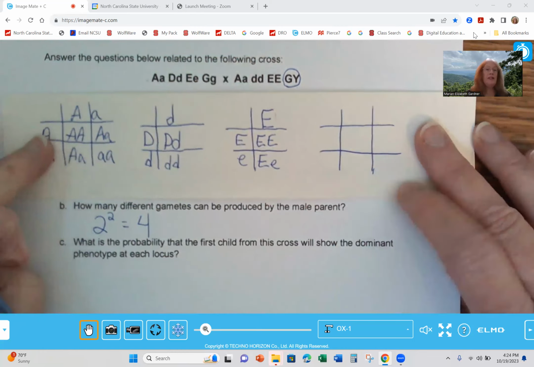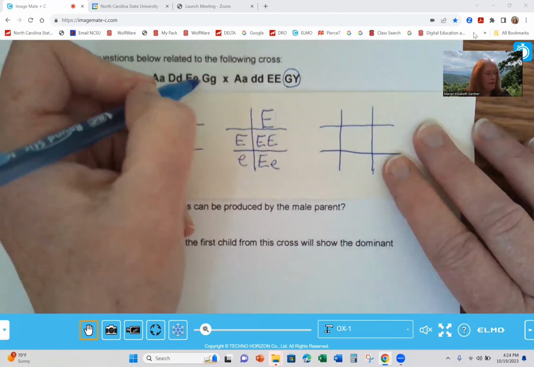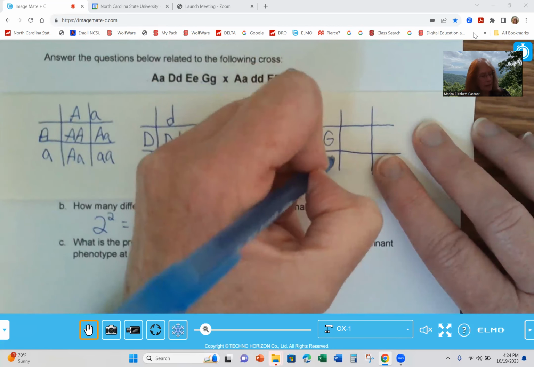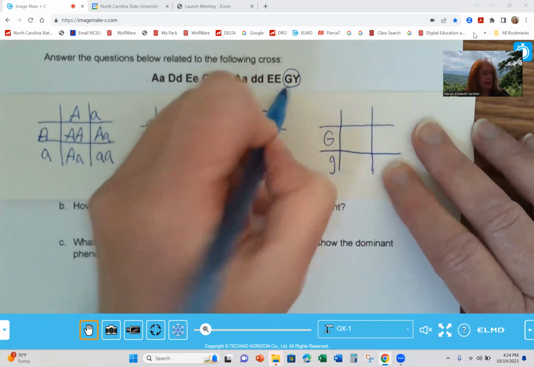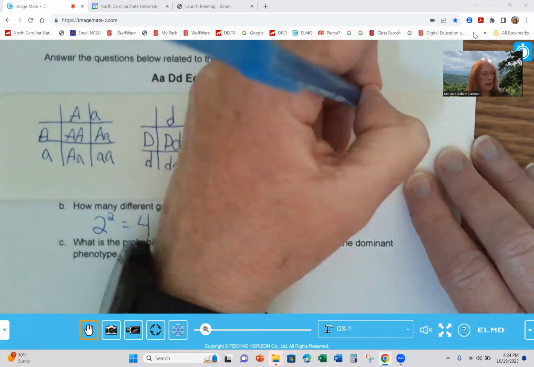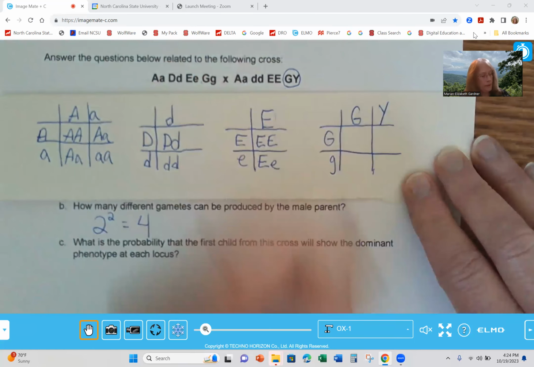And then finally, the G locus. Half of the female's gametes are big G, half are little g. On the male's gametes, he either gives his big G, which is on his X chromosome, or the Y.